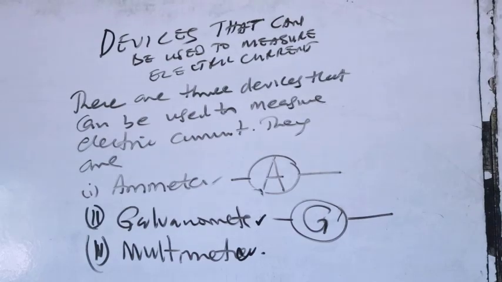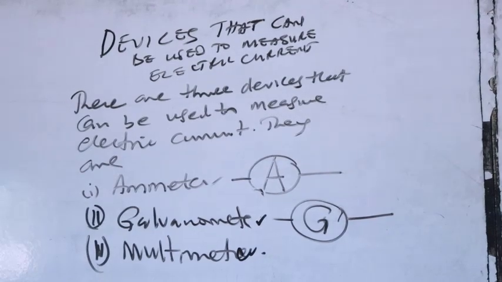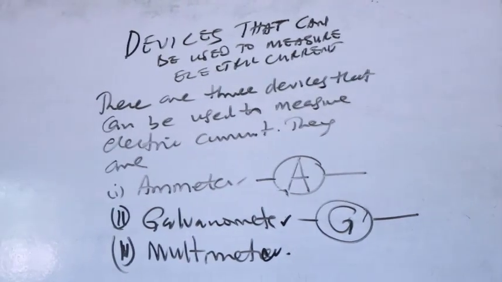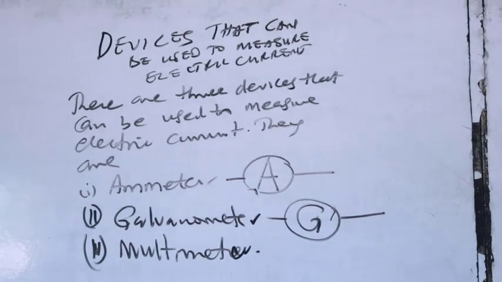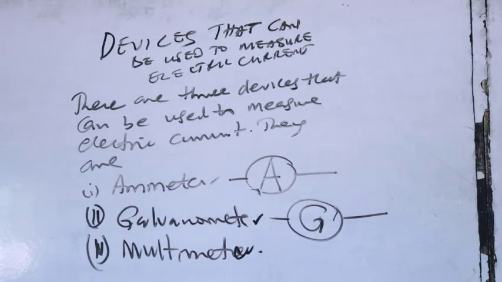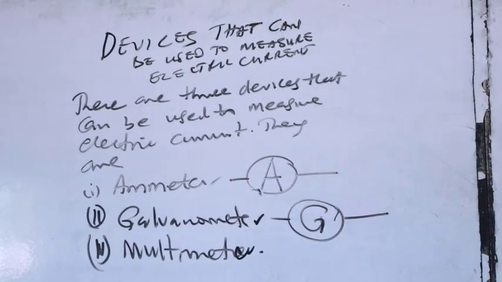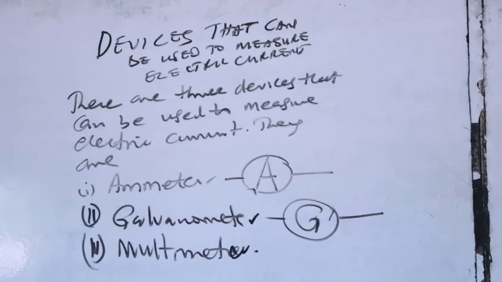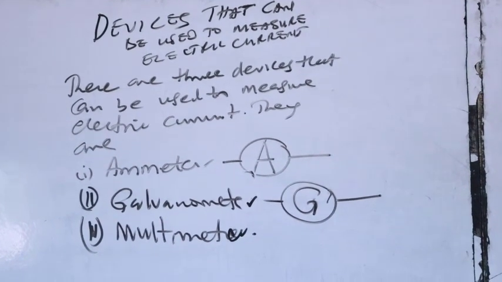In other words, the positive leg of the battery, you must maintain it. The wire from the positive leg of the battery must enter through the red, the positive terminal of the instrument, whereas the negative from the battery must enter the black terminal.